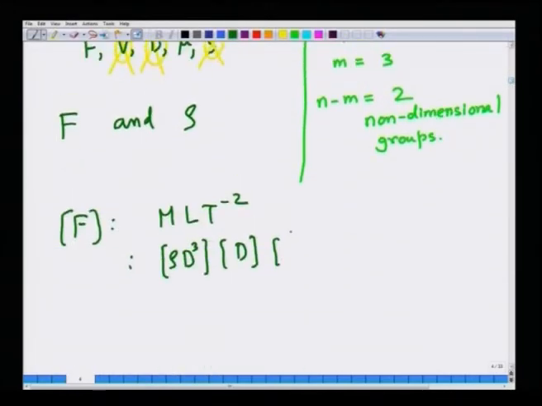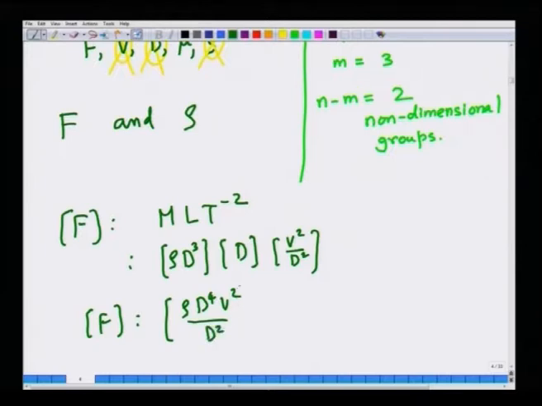So, we have time inverse squared, so we have v squared by d squared. So, the dimensions of force will be the same as rho d to the 4 v squared by d squared, or the dimensions of rho d squared v squared.